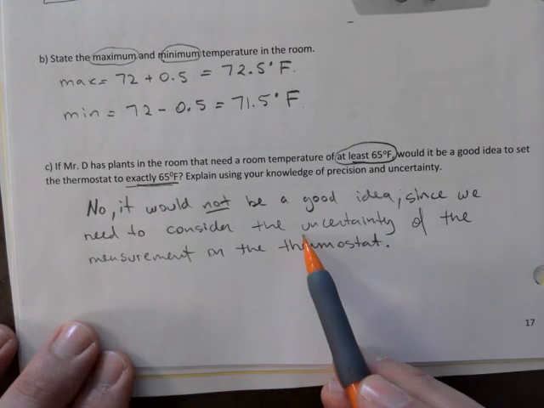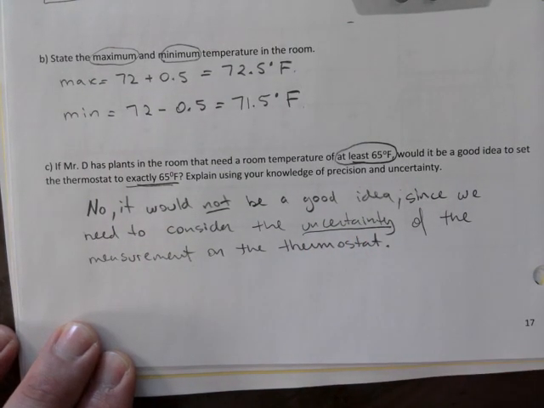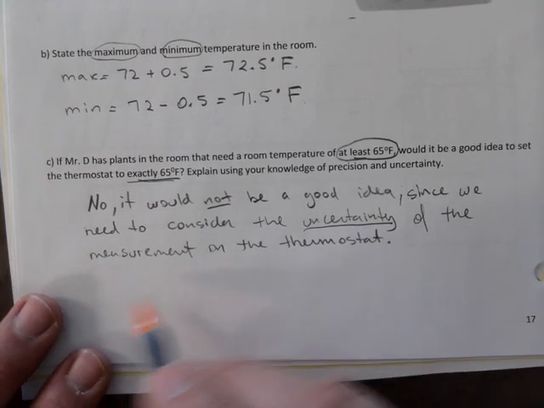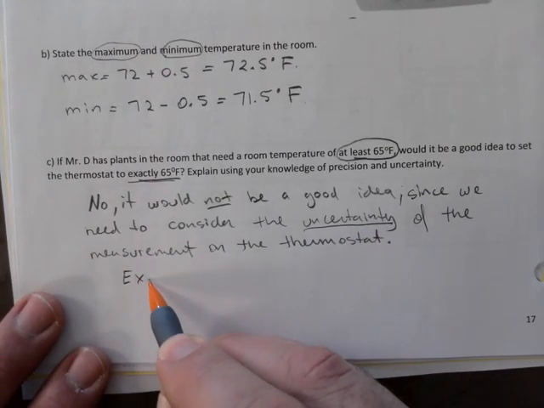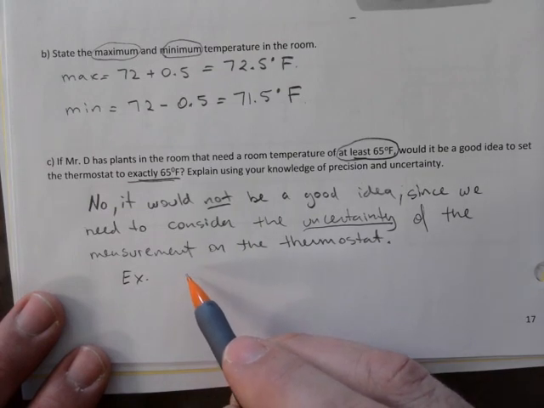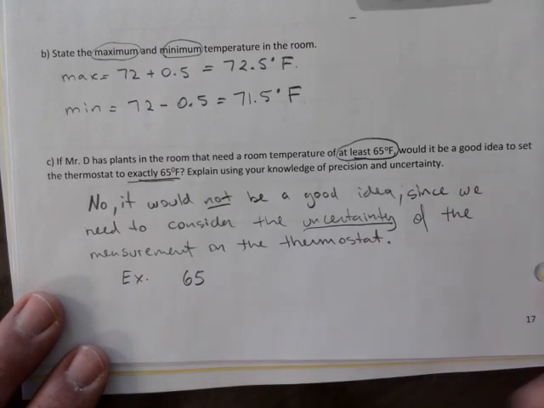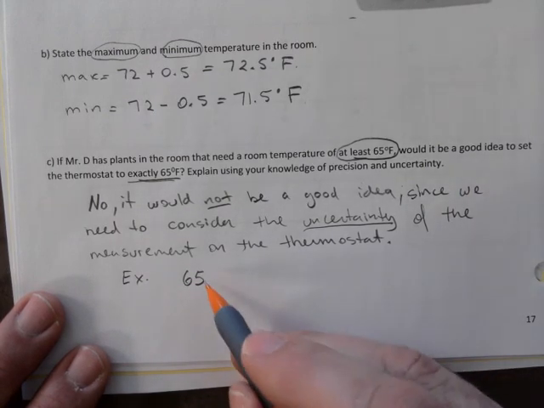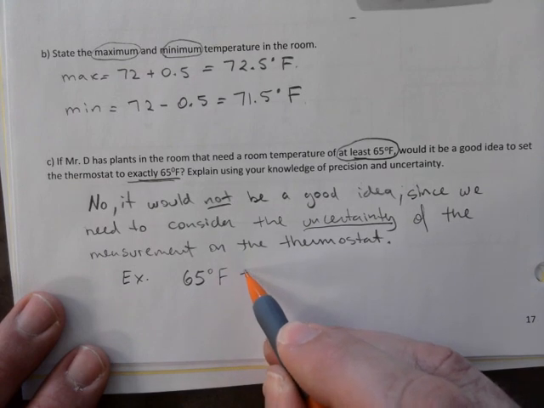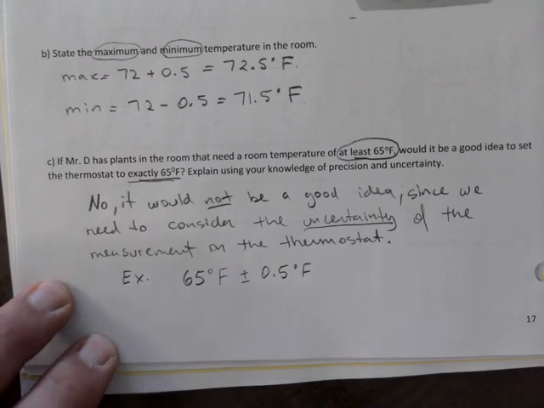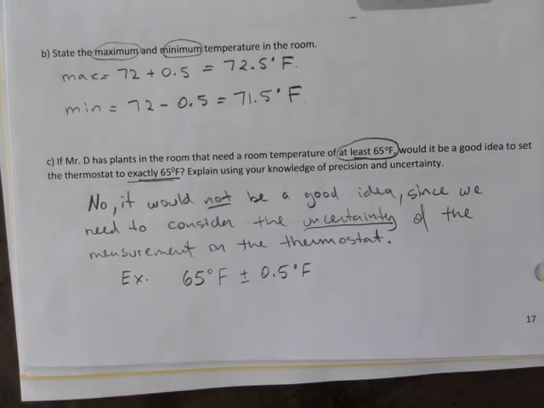This is the key word, the uncertainty. It's not a good idea because there's some uncertainty. So for example, if you read 65 on the thermostat, we're using the same thermostat, correct? So technically, it should still be off by the same amount, right?